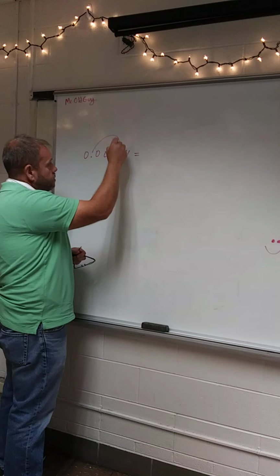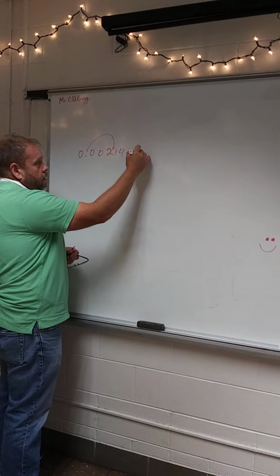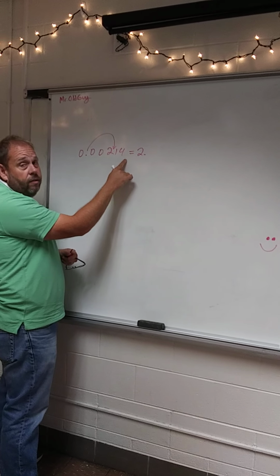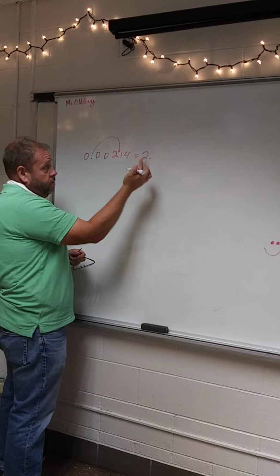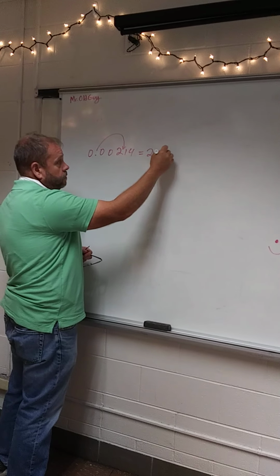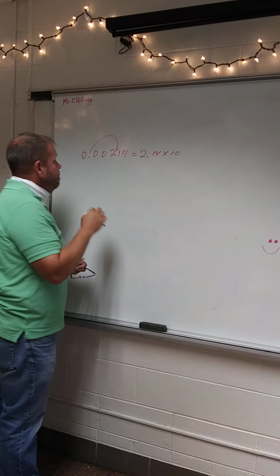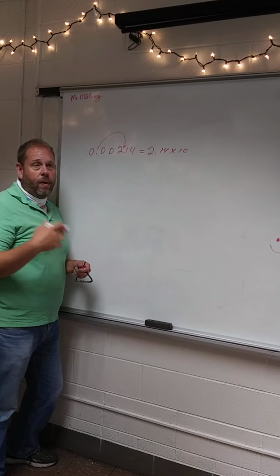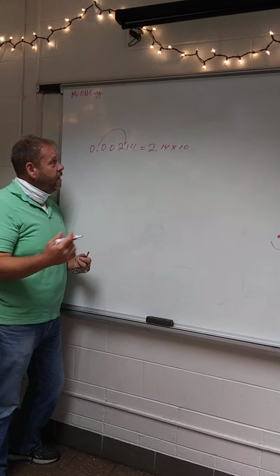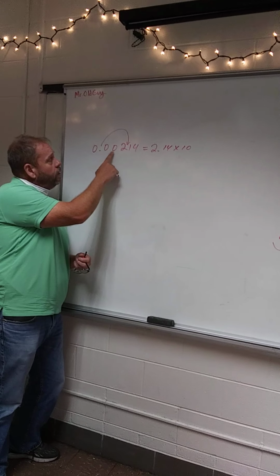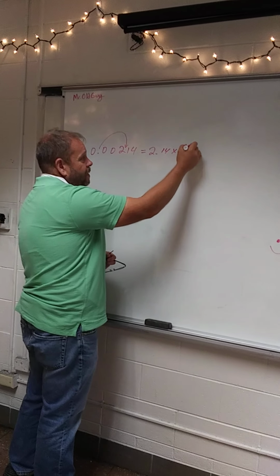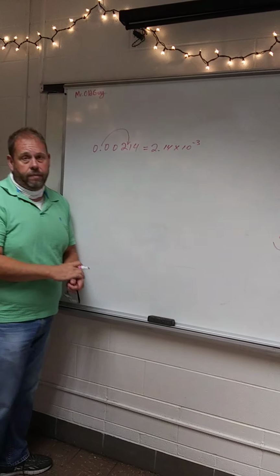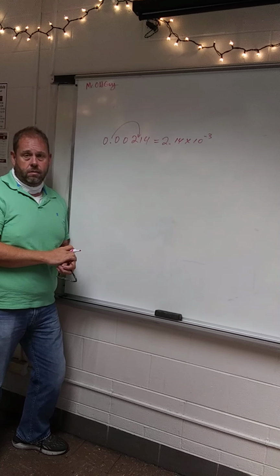So I'm going to move it right there. So I've got 2 point, and then we write all the numbers until we hit a row of zeros. Well, there's no zeros. We're just going to put them all. Now, this is less than 1, so we can't do a positive power of 10. We're going to have to do a negative. So if I moved it over 1, 2, 3 places, it's going to be 10 to the negative 3, or negative third.